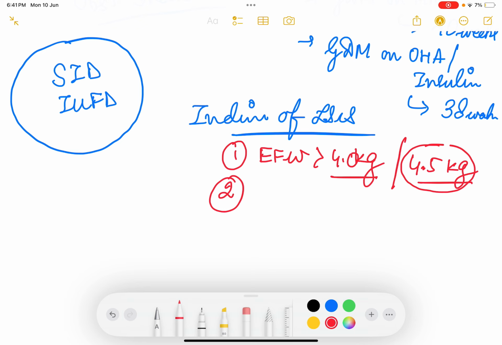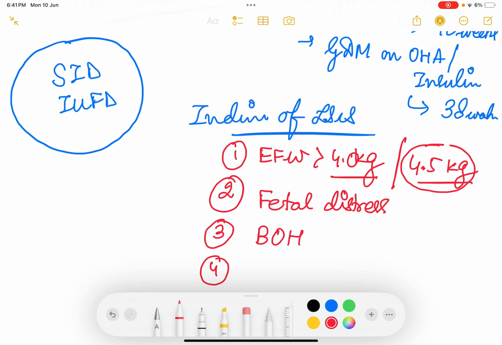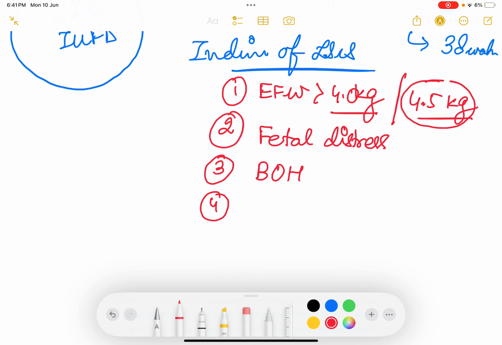Or if there is fetal compromise, fetal distress of the baby in diabetic patients, then we have to do cesarean immediately, otherwise the patient will land up in IUFD. Or if the patient has a very bad obstetric history, the baby repeatedly has IUFD, then we can go for elective cesarean section in such patients.